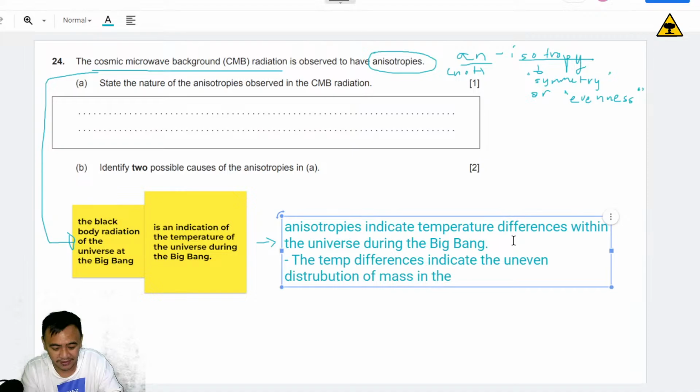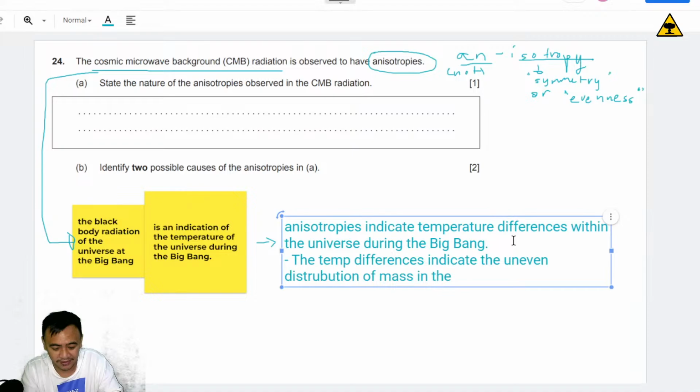So, this is the whole idea. Let's go back to the question. State the nature of the anisotropies observed in the cosmic microwave background radiation. Okay, so the nature is that, let's go back to the word anisotropy. Meaning, the CMB, well, just CMBR.